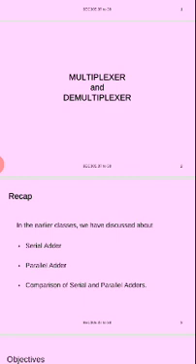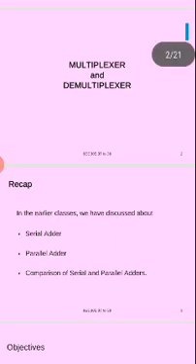Already we discussed them in the last class. And today we are going to discuss the new topic called multiplexer and demultiplexer.